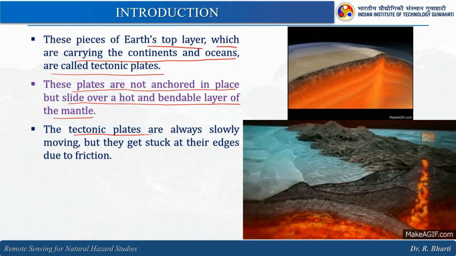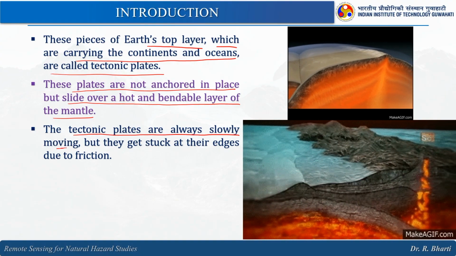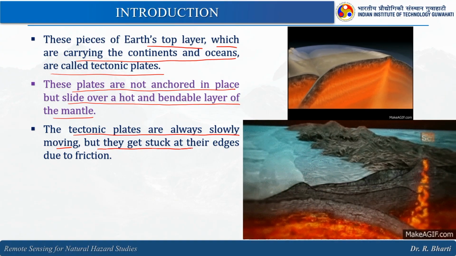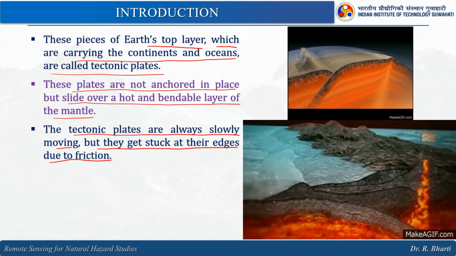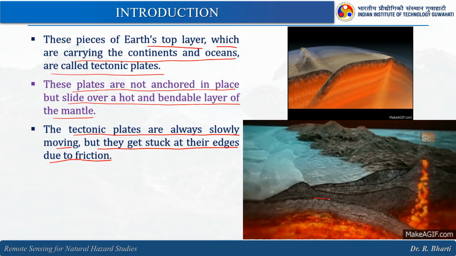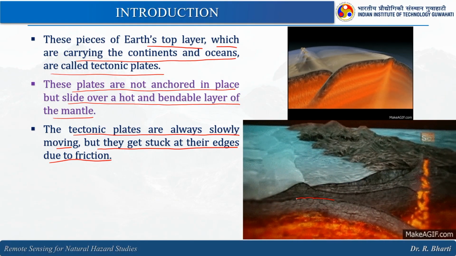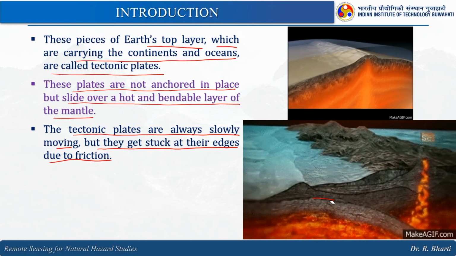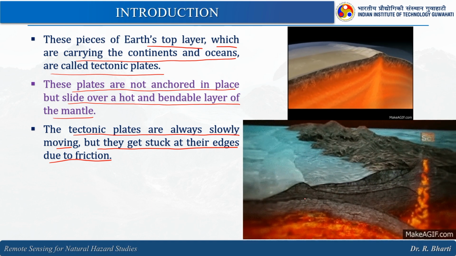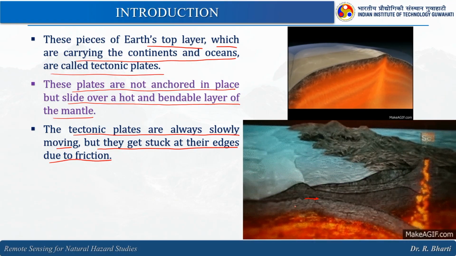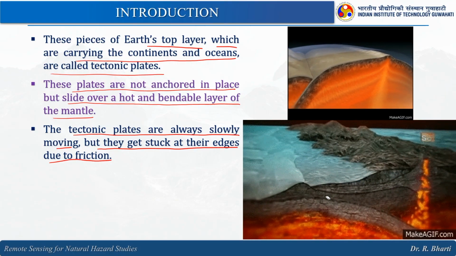The tectonic plates are always slowly moving, but they get stuck at their edges due to friction. So what happens during this movement, you can see this is getting stuck for a moment, and because of that there will be generation of stresses, and earthquakes are the result of those stresses.